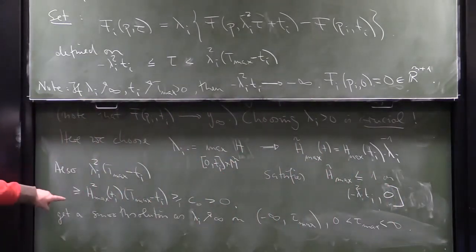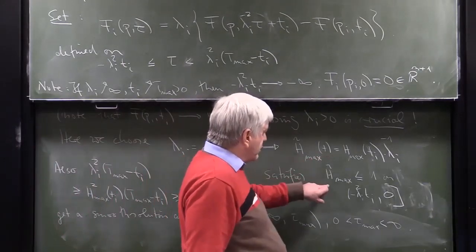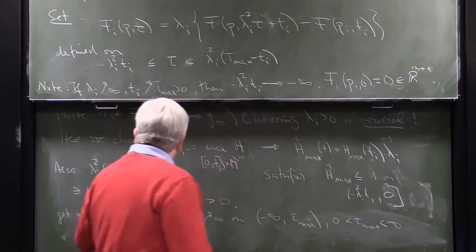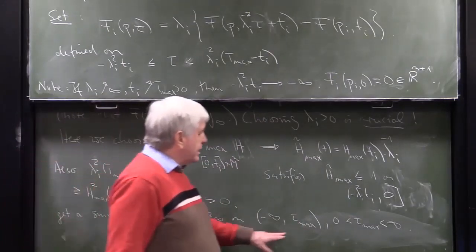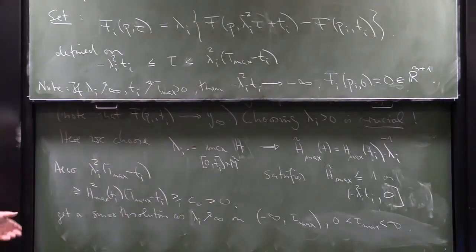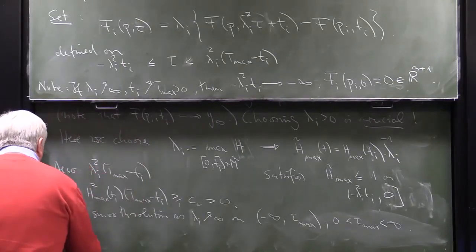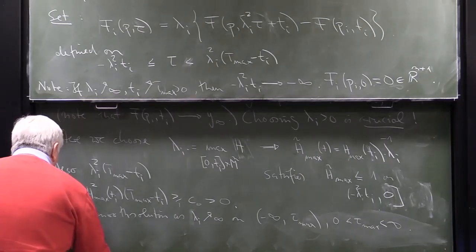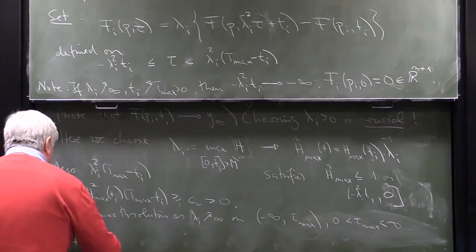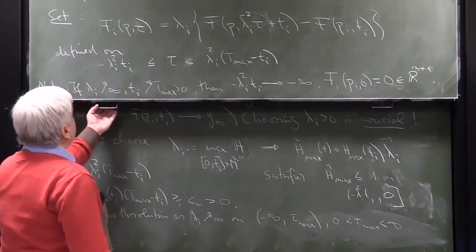Now, why do we get a smooth solution? Well, because h tilde is bounded by 1, and on each compact time interval here, it is bounded by some other constant. And most important, which I forgot to say so far, is that for all our solutions, d/d tau of phi_i(p, tau) is, by the way we have set it up, given by the formula.